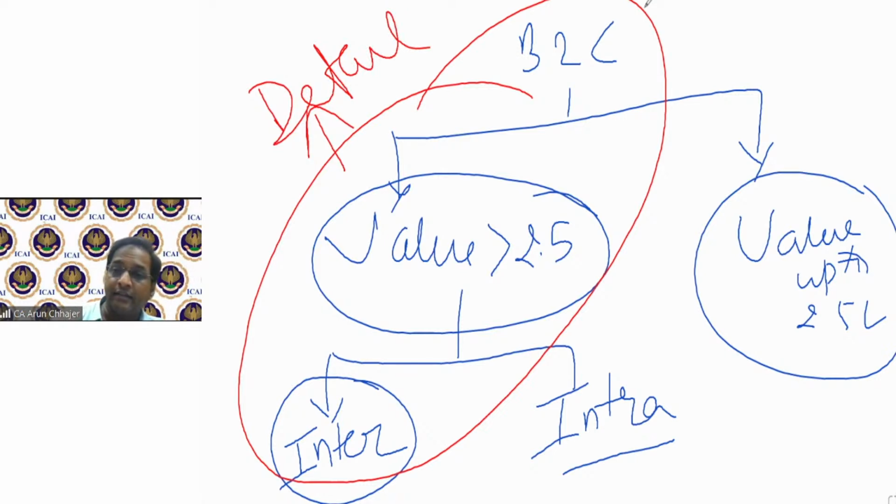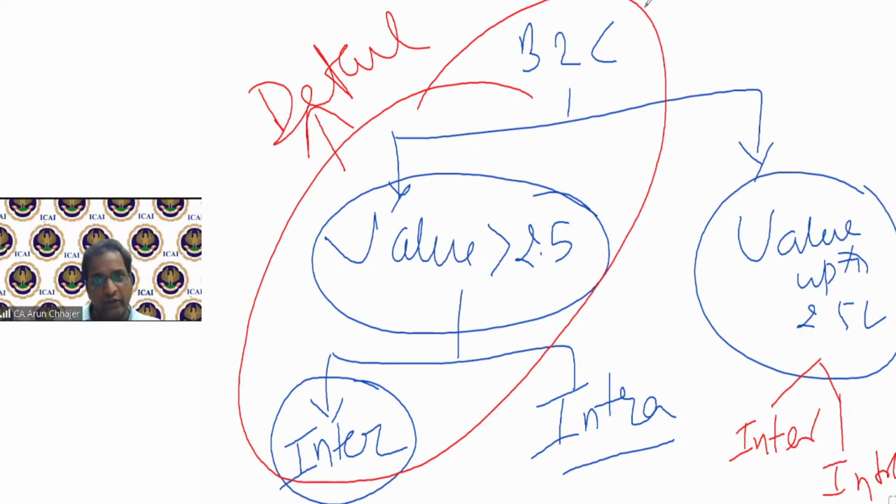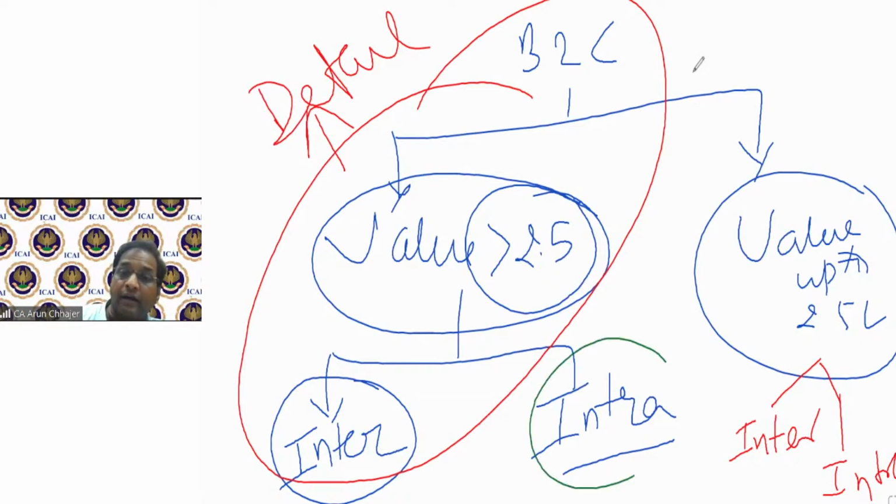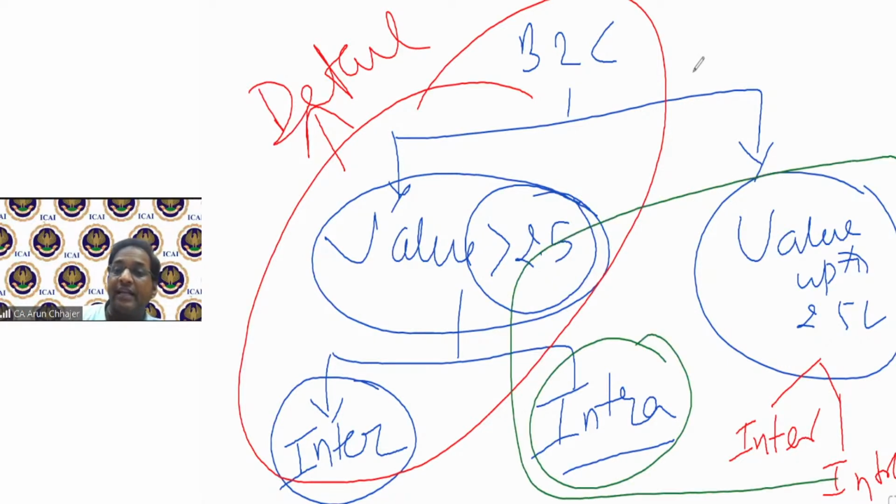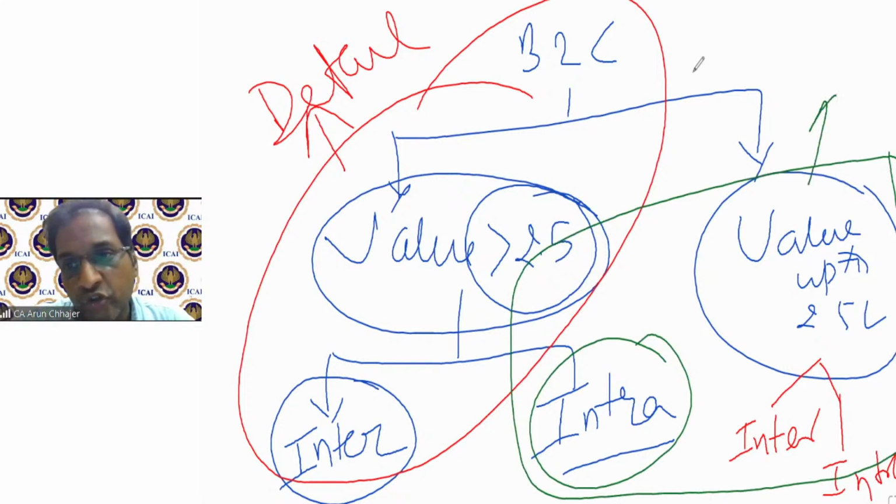And inter or intra, if the invoice value is up to 2.5 lakh, whether it is inter or intra, and invoice value which is more than 2.5 lakh but intra, these three details would be consolidated.